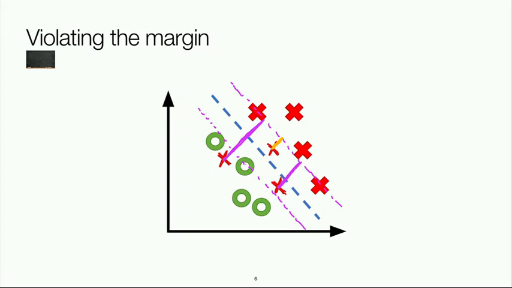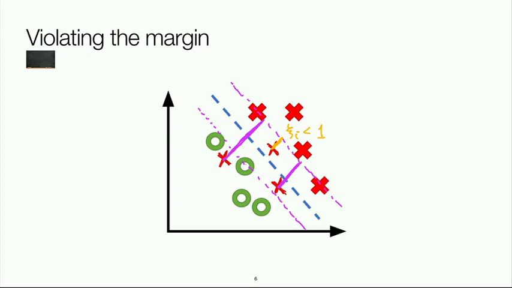So for these data points that violate the margin but are on the right side of the decision boundary, we're going to have xi_i's that are less than 1. Why is that? Well, if xi_i is less than 1, then my constraint still looks something like y_i times (w transpose x_i plus b) is greater than or equal to 0, which means that it's still correctly classified.